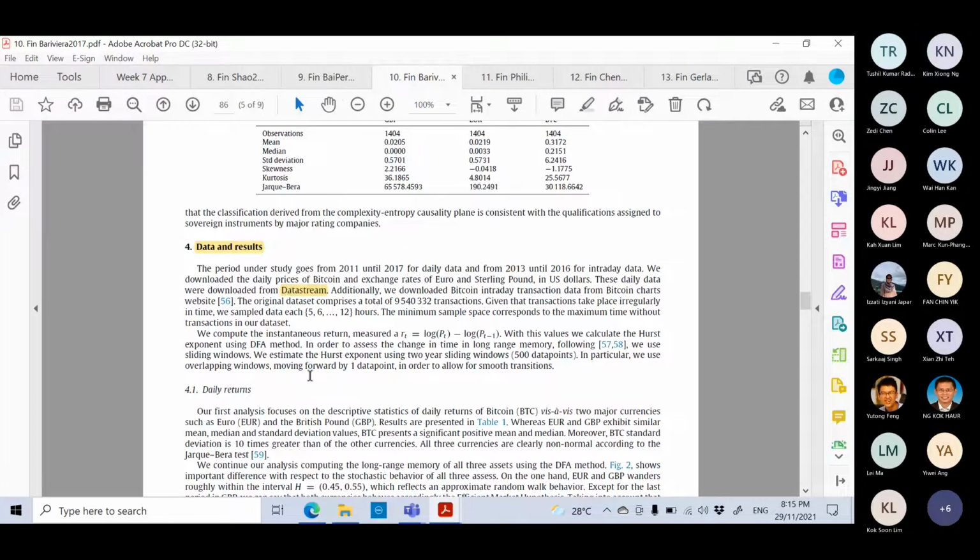Why do they need to put the source of the data? Because sometimes you use a different platform to download the data, and you will get slightly different values. So when you do research, you need to mention clearly the source of the data.